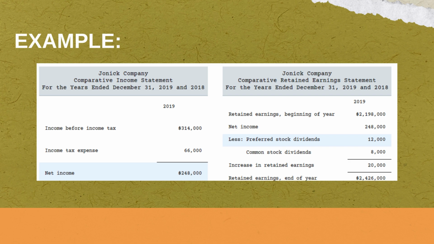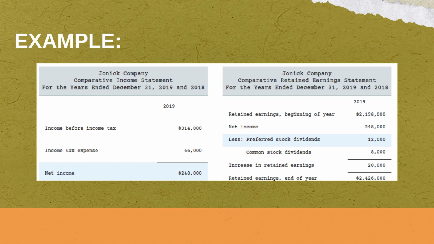Johnny Company comparative retained earnings statement for the years ended December 31, 2019 and 2018. Its retained earnings for the beginning of the year is $2,198,000. Net income $248,000. Less preferred stock dividends, which is $12,000, and the common stock dividends $8,000.